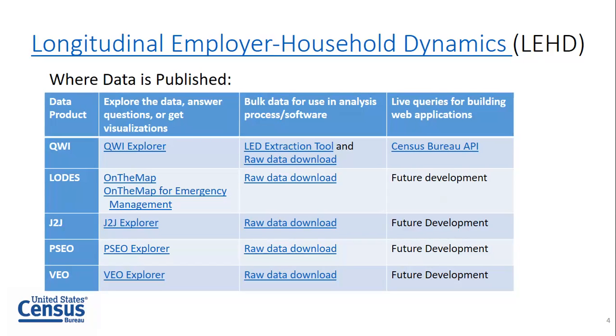If you want to look at statistics on job mobility across state boundaries or industries, transitions between jobs by timing and firm or worker characteristics, or earning changes due to job changes, you would use our job-to-job or J2J flows data using the J2J Explorer.